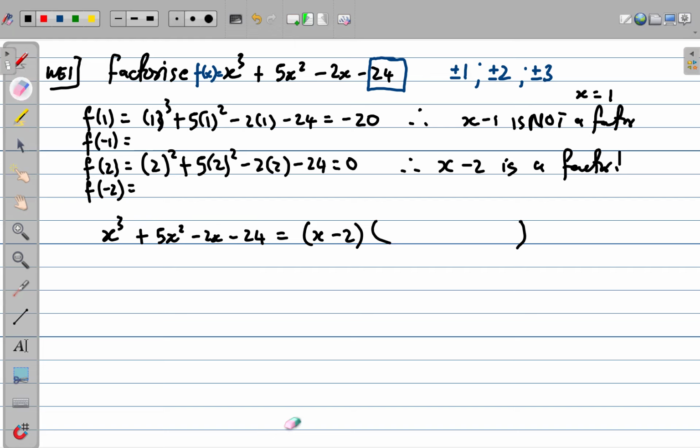And this is the exciting part for me. This is where I'm going to show you how to find this something by inspection. By the way, it is going to be a trinomial because we have a cubic here. When you factorize a cubic, one factor can be linear and the other can be quadratic.